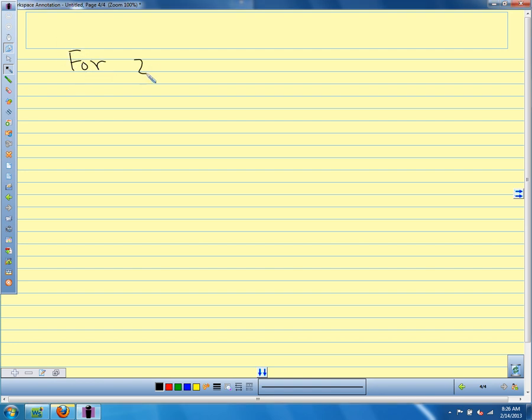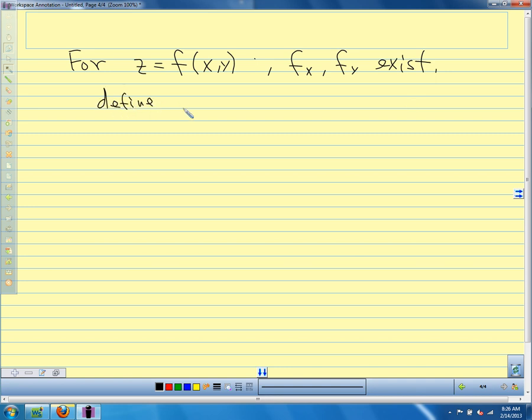So for some function, and we're saying that our partial derivatives exist, we're going to define, call this the gradient vector.